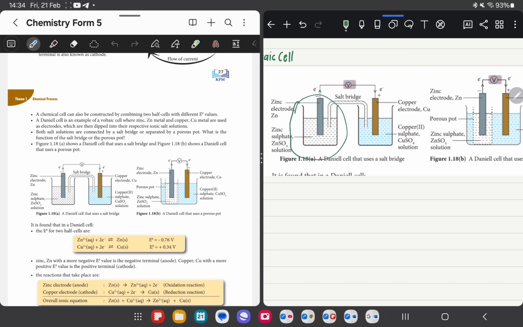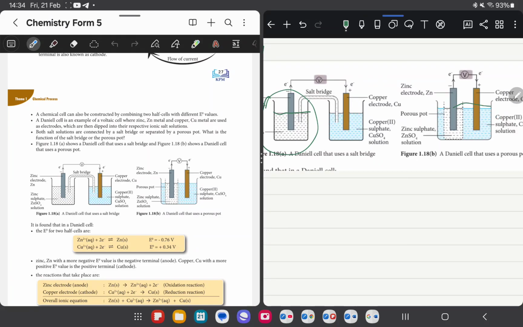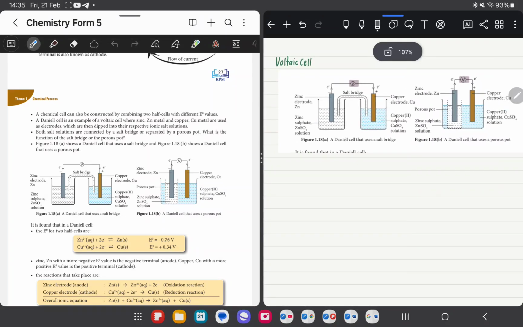This first one has the zinc electrode and zinc sulfate solution, while in the second one the whole beaker has copper sulfate solution, but inside the beaker we have another small beaker, which is this one, the porous pot, where we put the zinc sulfate solution and zinc electrode. So you can draw in both ways, both are correct, no pros and cons. The end product is the same and the process is also the same.